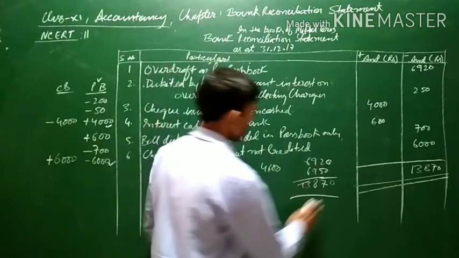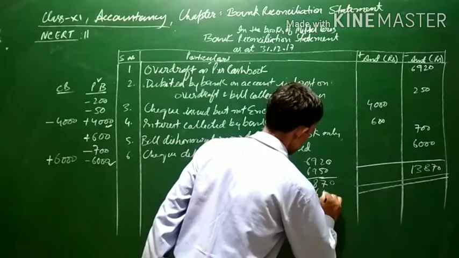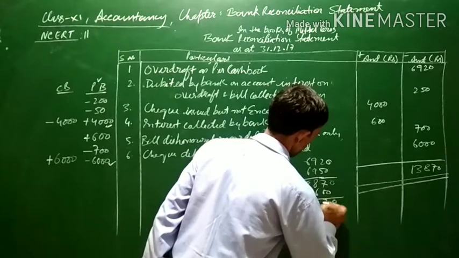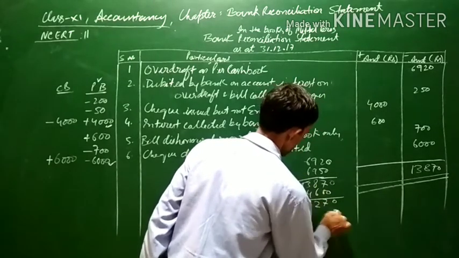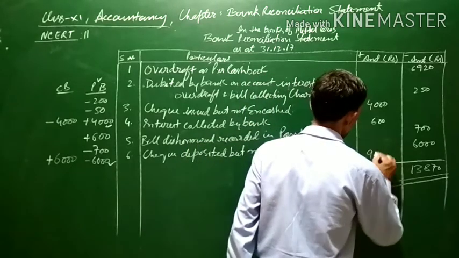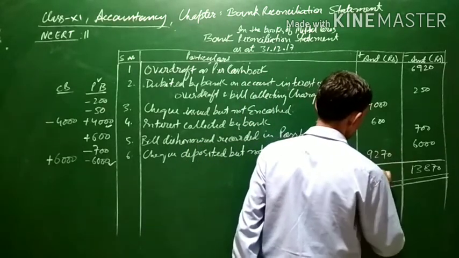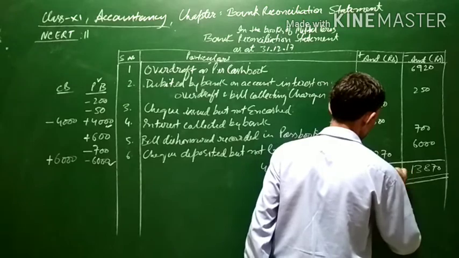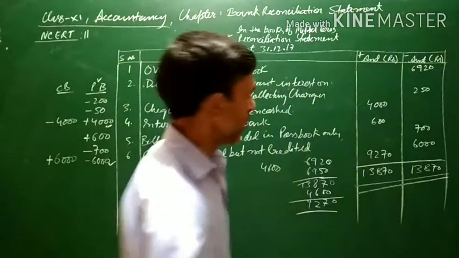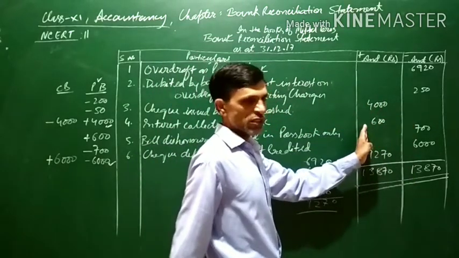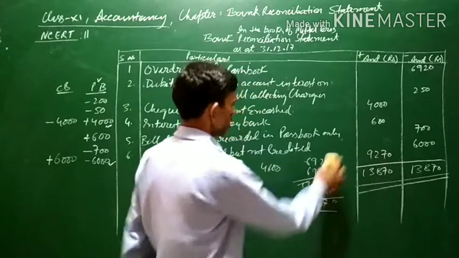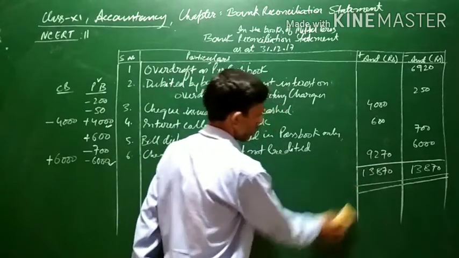So we will deduct 4,600 from 13,870, and the balance is 9,270. Since the minus side is more than the plus side, this balance will be considered an overdraft balance.